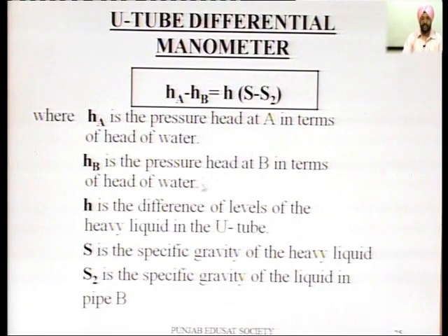HB, it is the pressure head at B in terms of head of water. H, it is the difference of levels of the heavy liquid in the U-tube. S is the specific gravity of the heavy liquid, which I am calling here as the manometric liquid or mercury. S2 is the specific gravity of the liquid in pipe B.